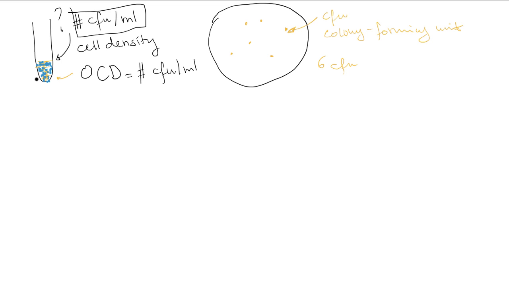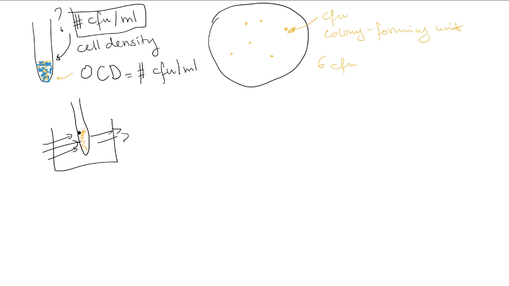Now, there are different ways we can do that. There is a machine you can use, a spectrophotometer, that you can stick this in. Let's put it over here. You put the little tube in there with the liquid, right? And then this machine shines light through, and it measures how much light is coming out on the other side.